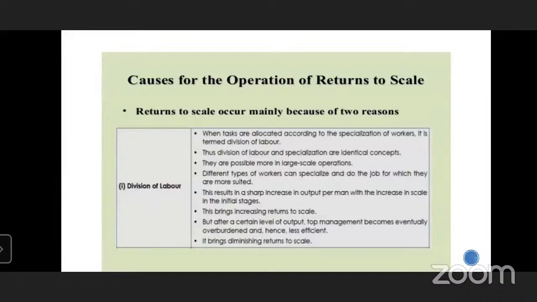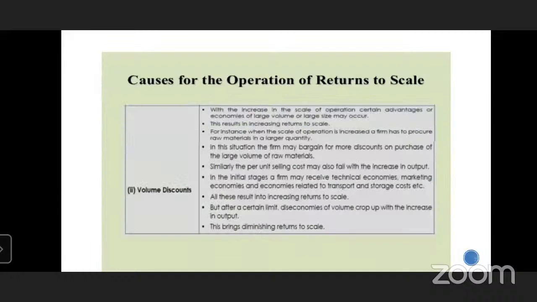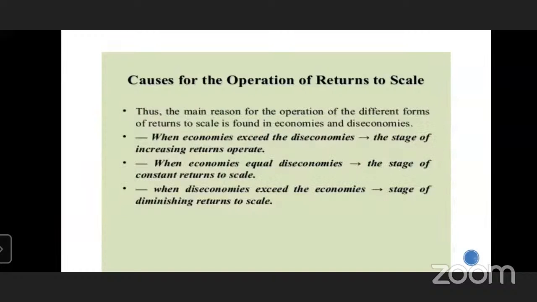So I have given division of labor and volume discounts, and managerial capability, as 2 of the causes for the operation of returns to scale, as well as the law of variable proportion. So these are again 3 favorite statements for the exam to ask: economies and diseconomies. Okay.